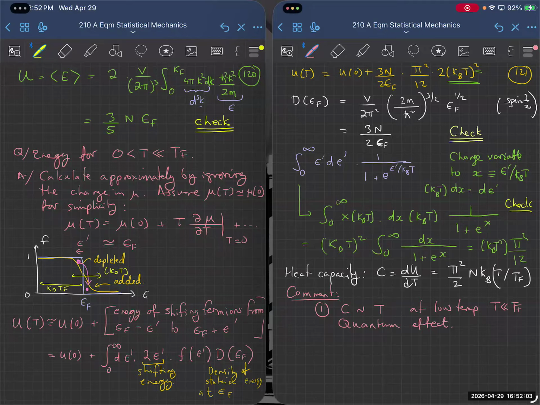Why is it a quantum effect? Well, suppose I looked at the heat capacity for a classical system. For the classical system, U is 3/2 N kBT.